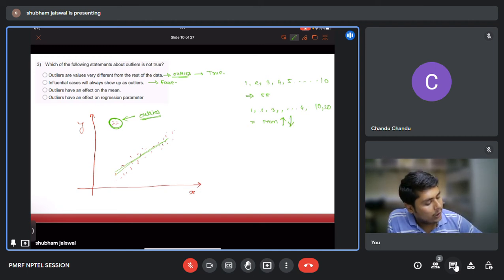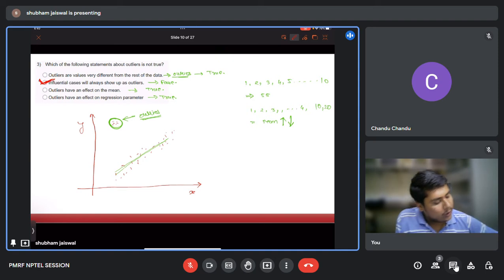So it is true. Outliers have an effect on the regression parameter. It's true. If it is changing the mean, it is also affecting our regression parameter. They have asked which of the following statements about outliers is not true. So only the second option is not true, that is, influential cases will always show up as outliers.